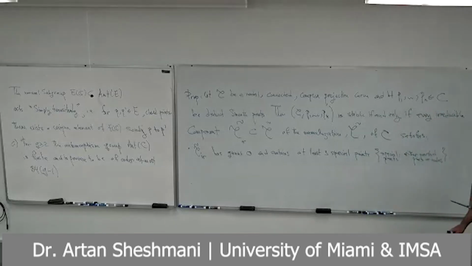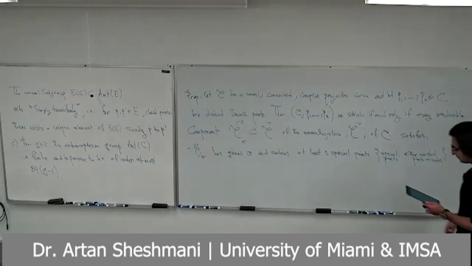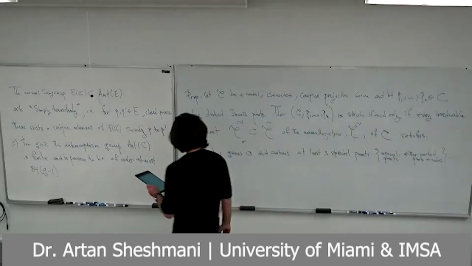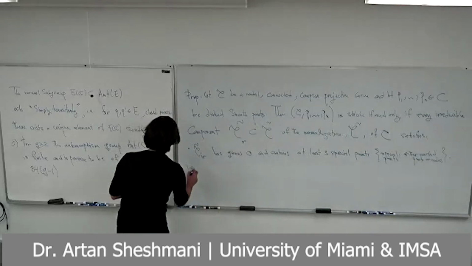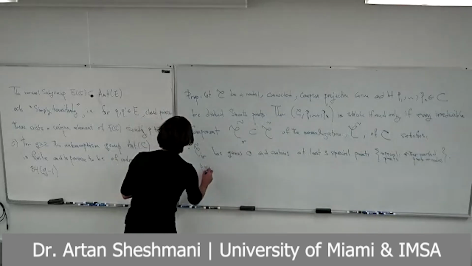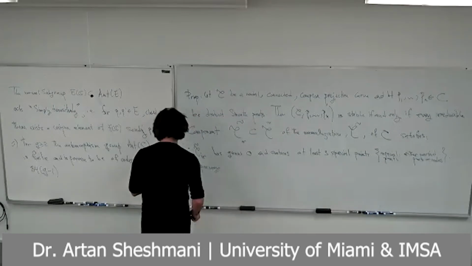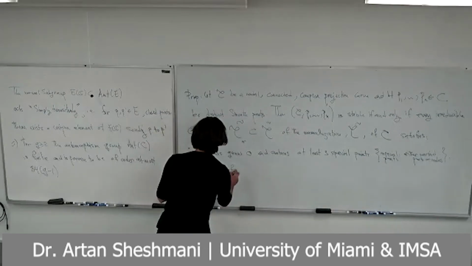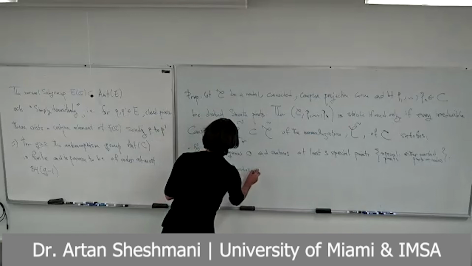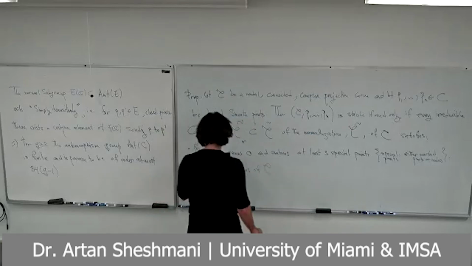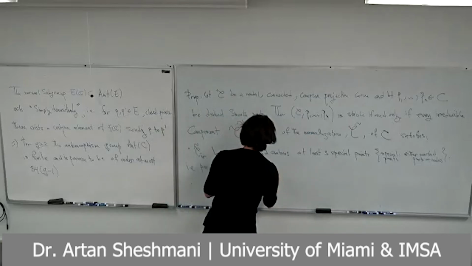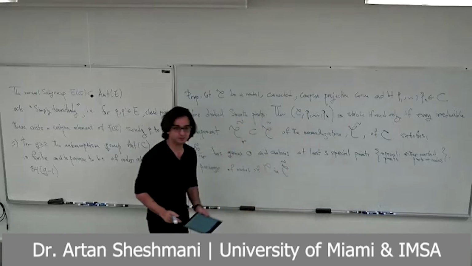I'll draw you a picture so that you can have some idea what this means. Okay? i.e. the pre-image of nodes of C in C tilde, you have a curve.